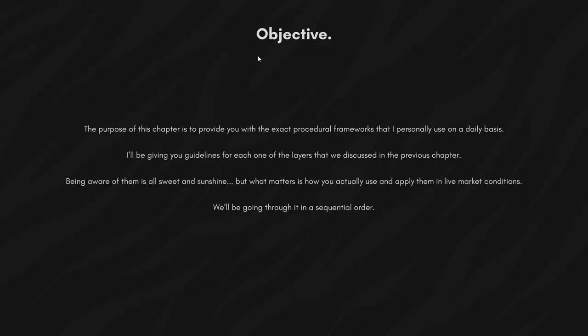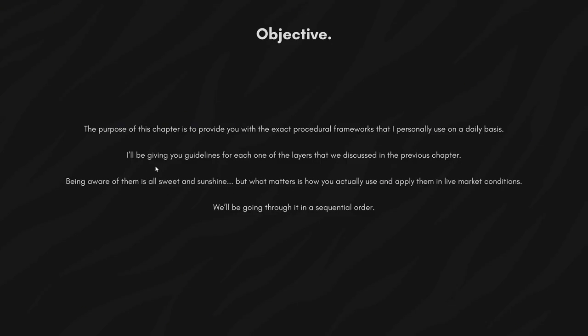So let's first of all talk about the main objective of this chapter. Now you already know what it is because I just told you, but let me reiterate the objective again just so that I could make sure that we are clear on what I'm going to talk about. Okay? Now the whole point and the whole purpose of this chapter is so that I could provide you or hand you over the exact procedural frameworks that I personally use every single day on a consistent basis.